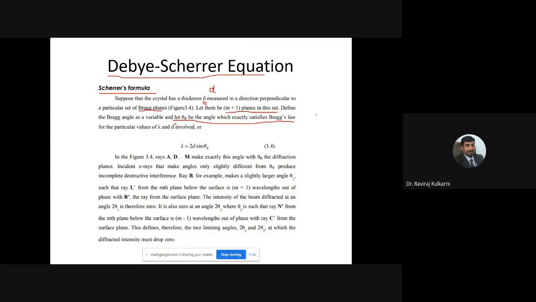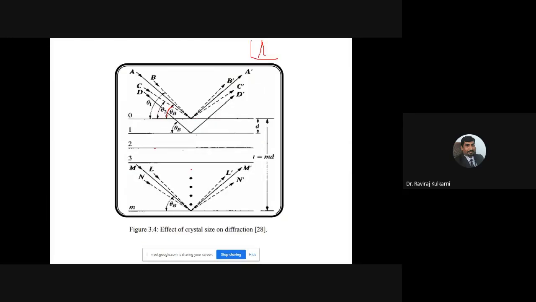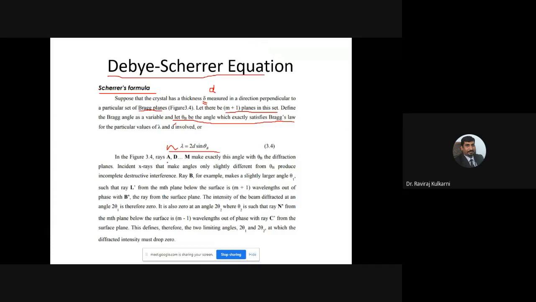So what is the equation? n lambda. Usually they have taken n equal to 1, so lambda equal to 2d sin theta, but it is usually n lambda, where n is any integer. In this figure 3.4, they have mentioned ADM makes exactly this angle theta B.